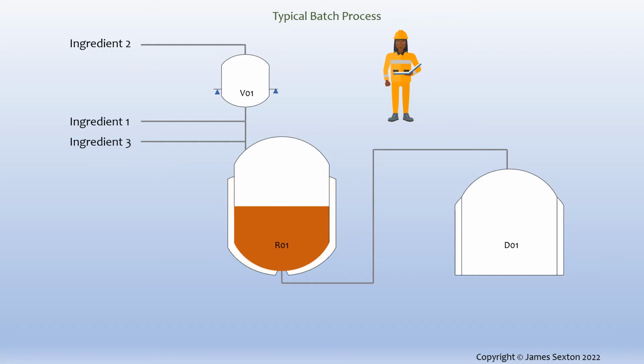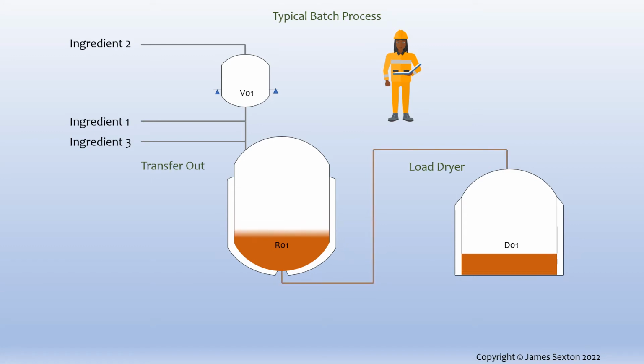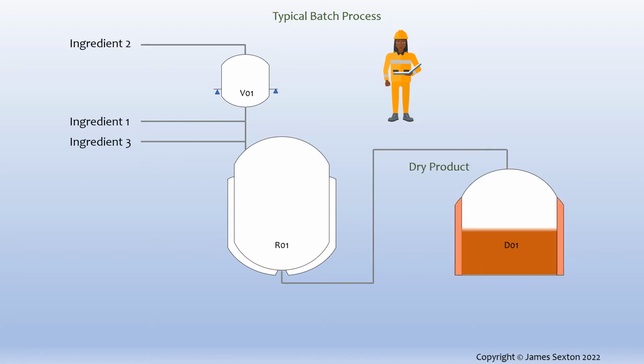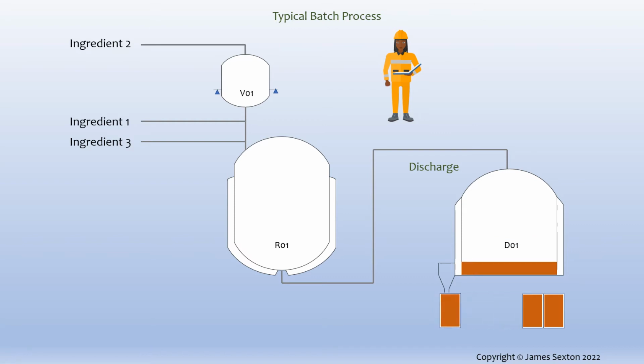However, notice what the reactor R1 is doing during drying and discharging. Both the vessels on the left sit idle, waiting for the procedure to complete. Clearly, this is not optimum use of the equipment.